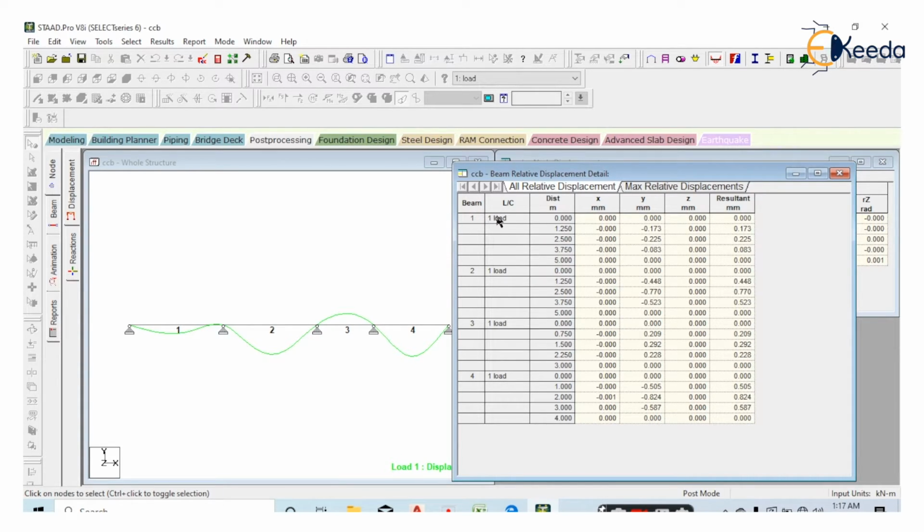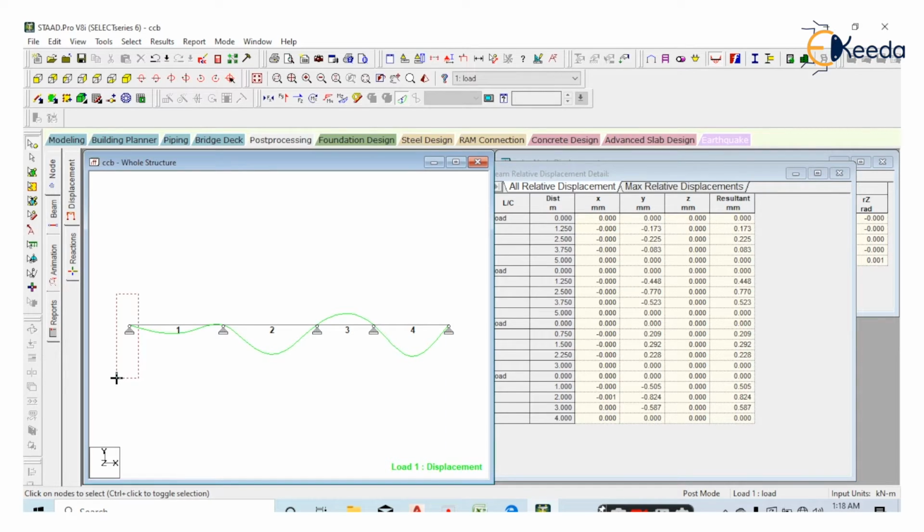So first beam, load case 1, the distance is 0 meter and a displacement is also 0. Okay, the distance 0 meter means at the start of the beam, at the start point of the beam, there is no deflection.